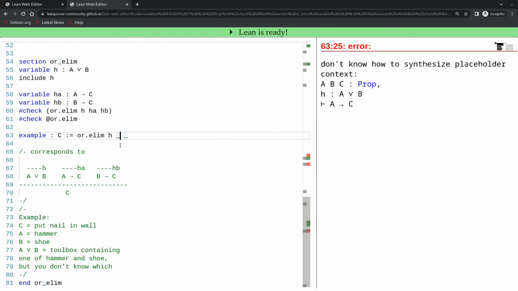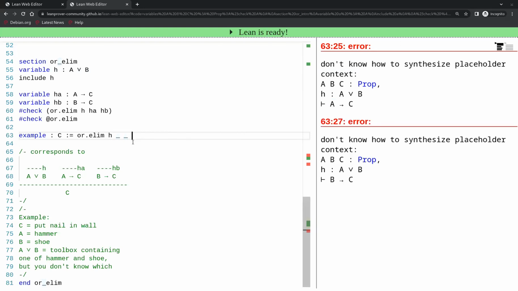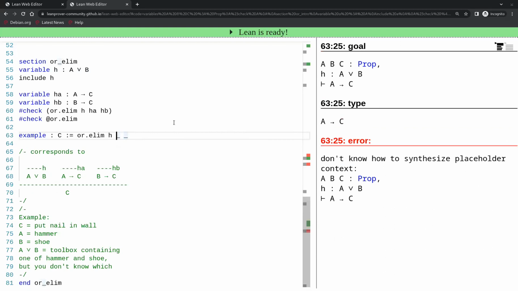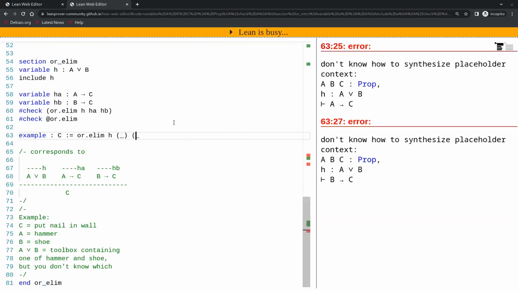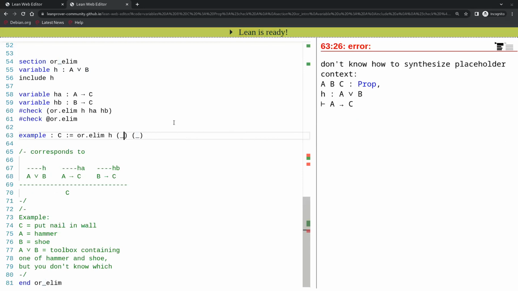The first goal will be a proof of the fact that A implies C. And the second will be a proof of the goal that B implies C. Typically these things will take some effort.